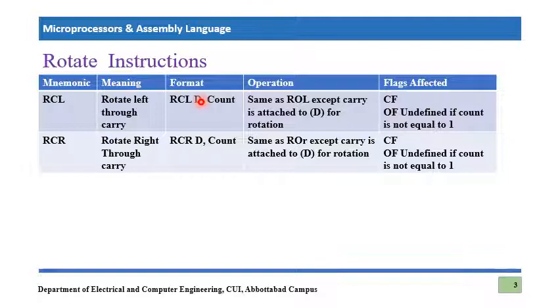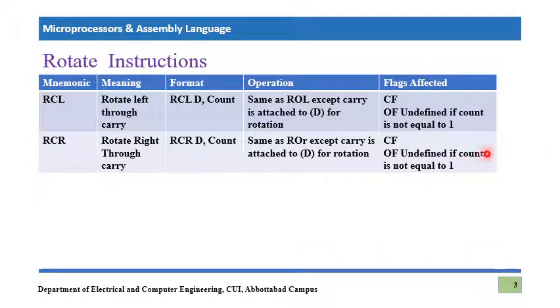Similarly, with RCR, rotate right through carry, we rotate the destination register by the amount of the count, but the rightmost bit coming out of the register goes to the carry flag, and the carry flag's previous value loops back to the leftmost side of the destination. This will be much clearer in the next slide.